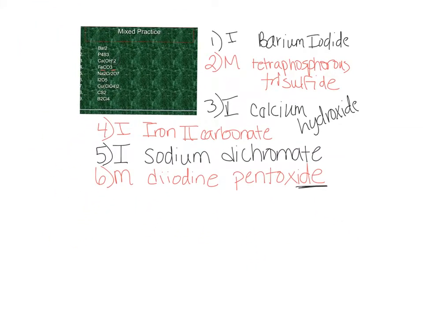Okay, there we go. All right, and then number 7, ionic. This is copper 2 perchlorate. Yes.